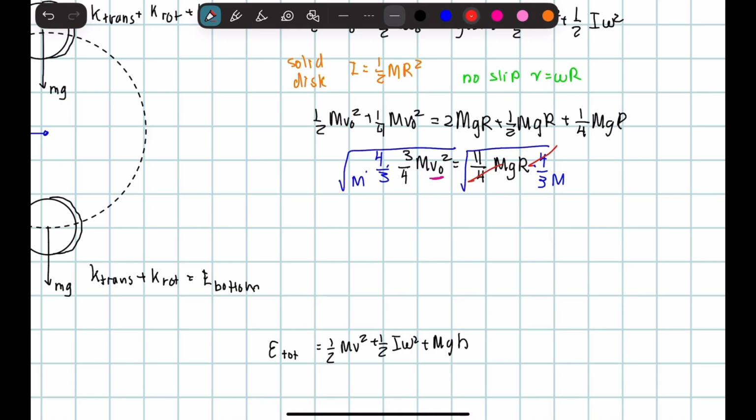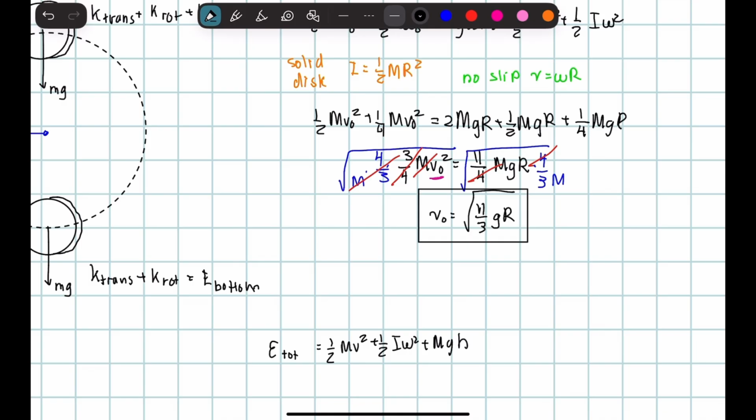Now that's going to cancel out the mass, and that's going to leave us with v initial is equal to the square root of 11/3 times g times r, and that is our solution.